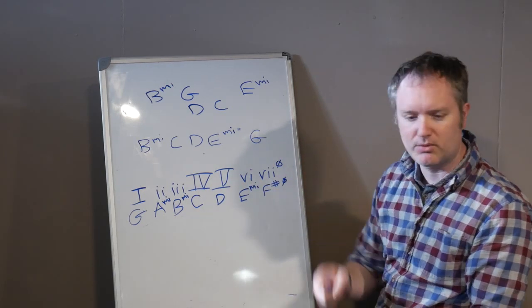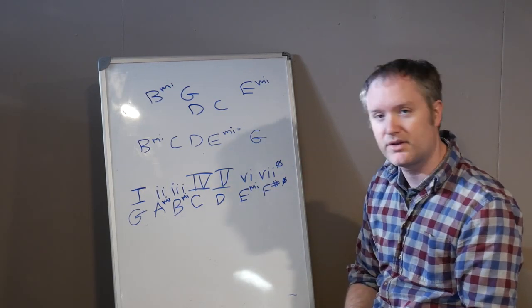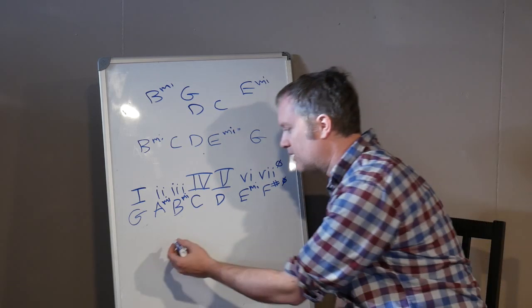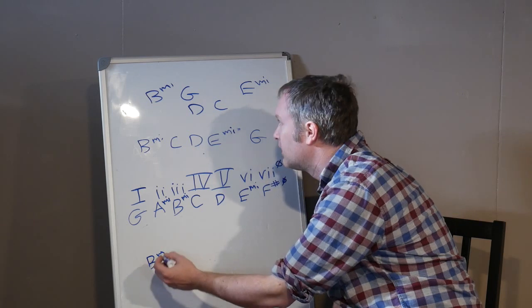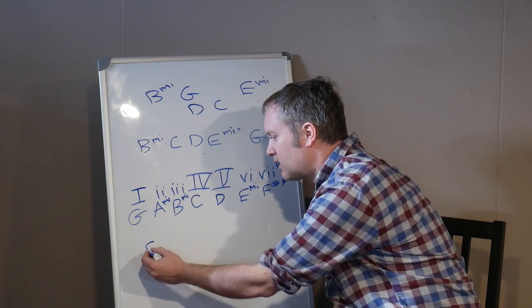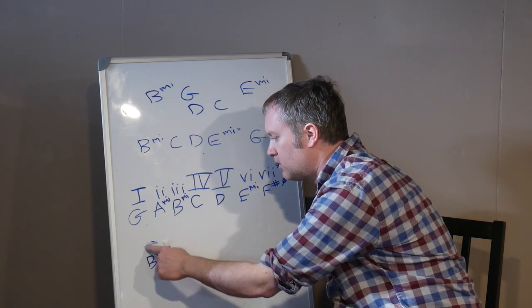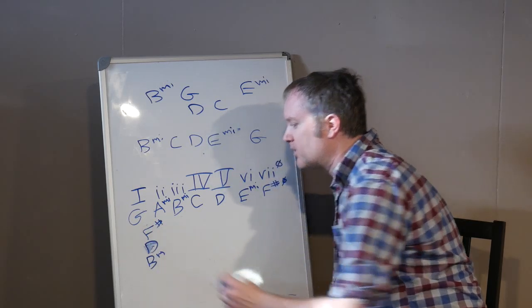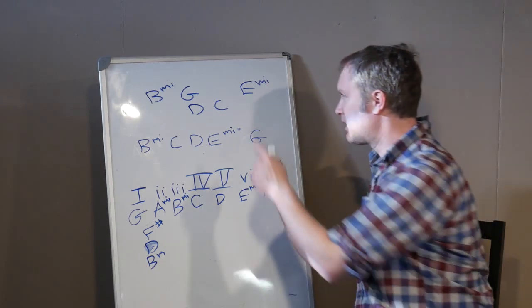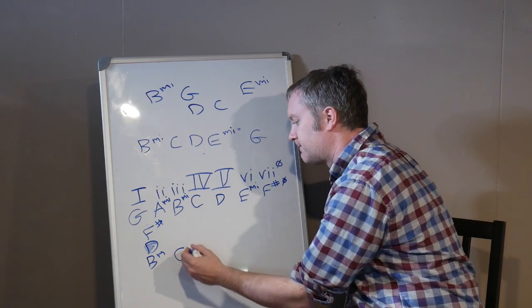And so now, when you're looking at the chords, you can fill in what notes they are. Right? So the first chord was a B minor chord. That is a D. Oh, sorry. A D and an F sharp. Okay. The second chord is a G chord.